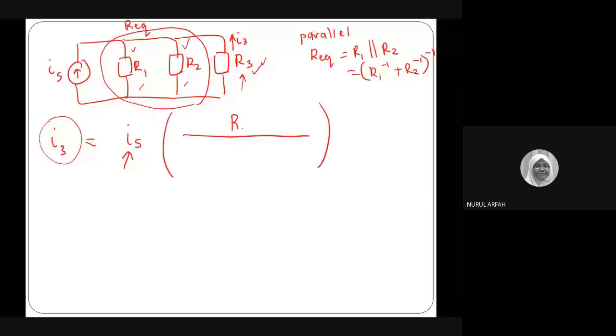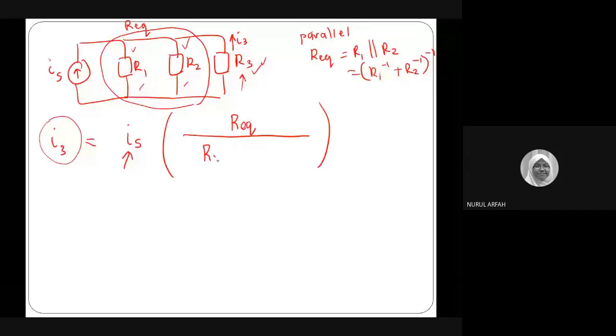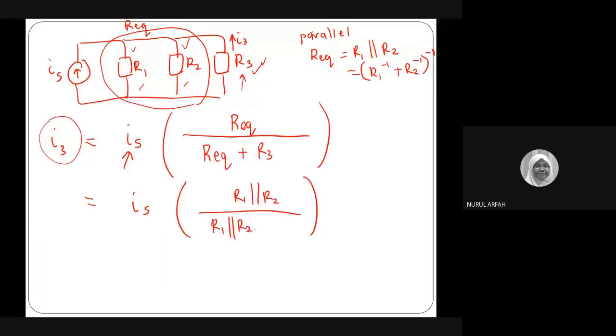R equivalent, yes. And here, R equivalent plus R3. And then if you derive more, this one will become R1 in parallel with R2, plus R3.